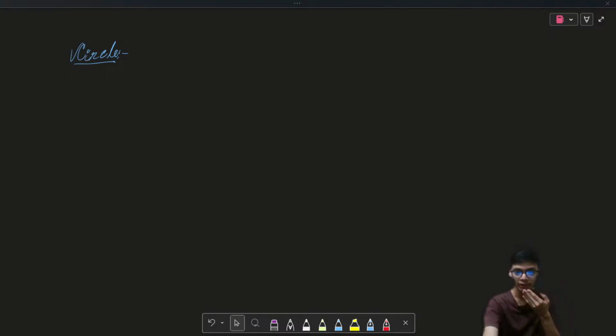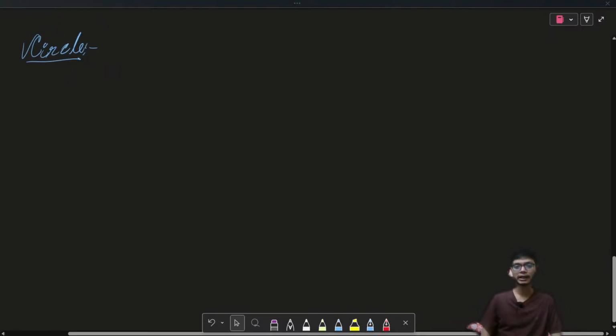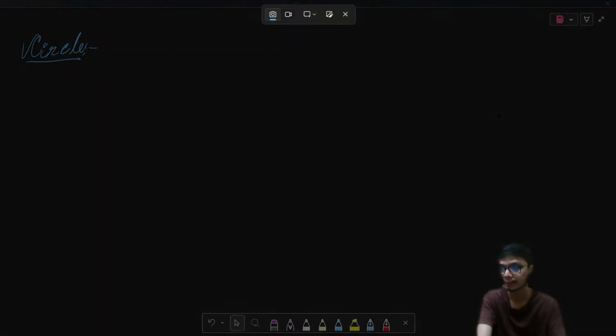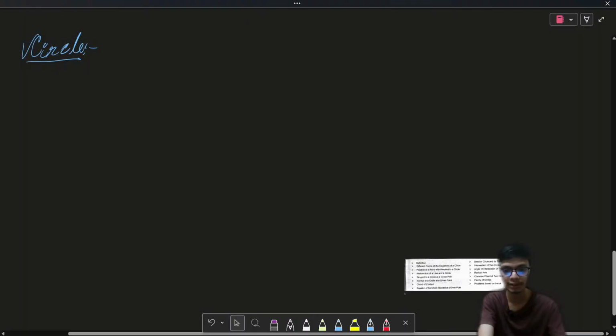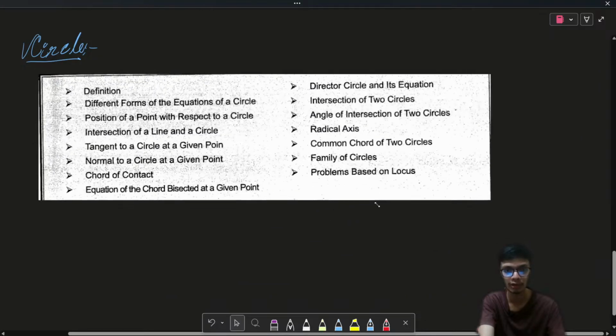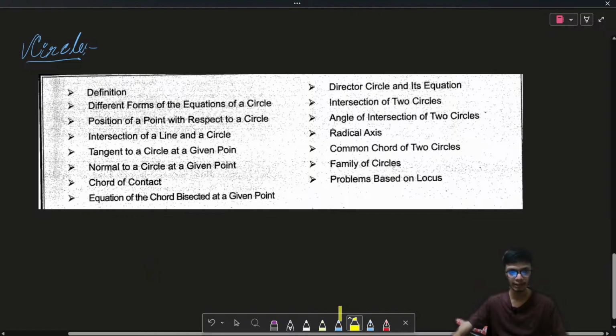Today we are going to start with circles. We'll start with the definition of a circle, then move on to the different forms of the equation of a circle. Let me paste the picture here, a planner of all the topics I'm going to cover in circles.